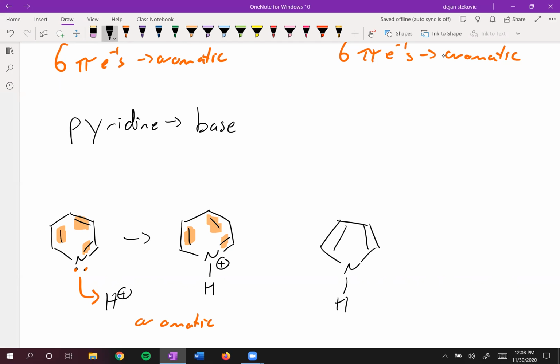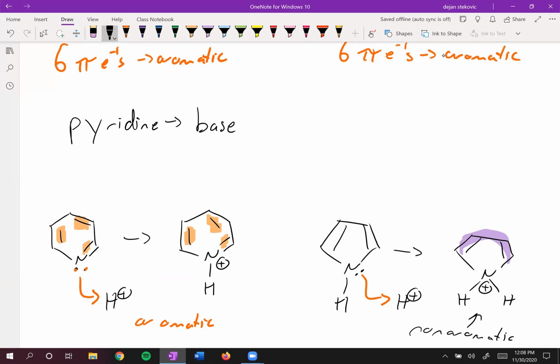If we then take a look at pyrrole and try to get it to act as a base, we now ruin our aromatic system, right? We're no longer fully conjugated, and so this is non-aromatic once it protonates itself.